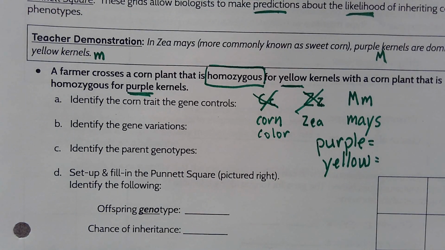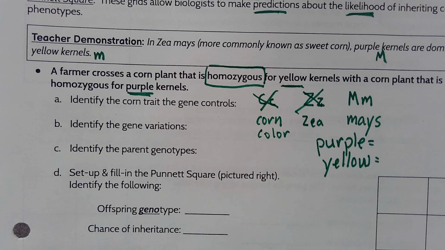Just do it right now. If it's homozygous, look at your vocab or just remember it. What is the genotype? What are the letters, capital or lowercase, that we're going to use? All right, now you have to use 2 fingers. For purple, if it's homozygous, am I going to do a capital and a capital, a lowercase and a lowercase? Show me with your fingers. Give me 2 capitals, 2 lowercase, a capital and a lowercase.